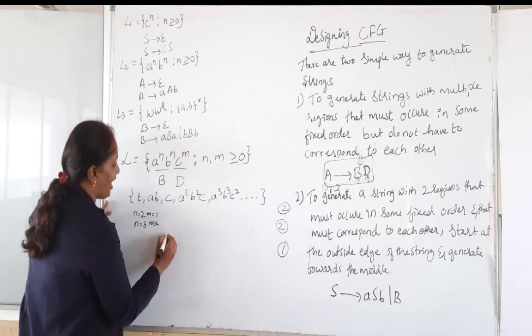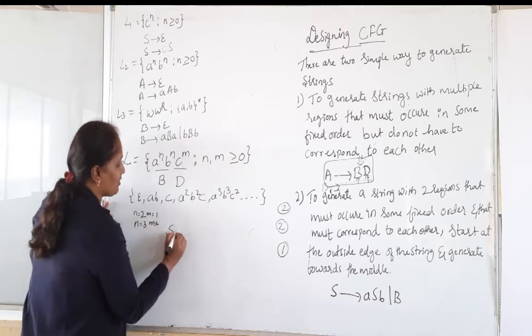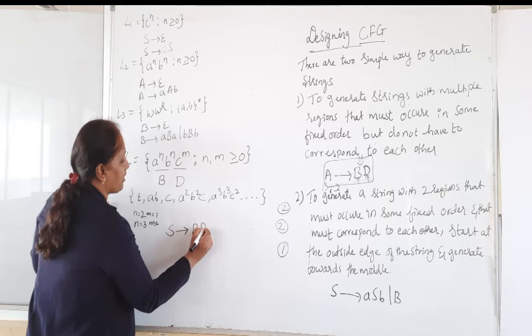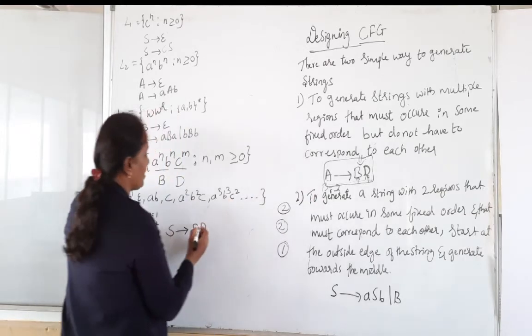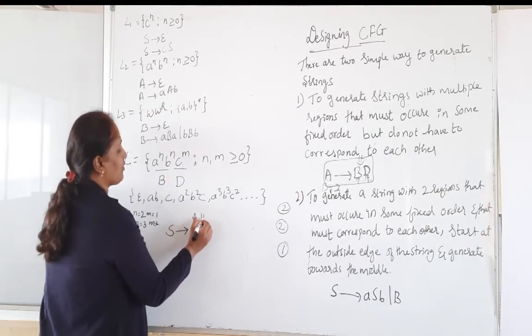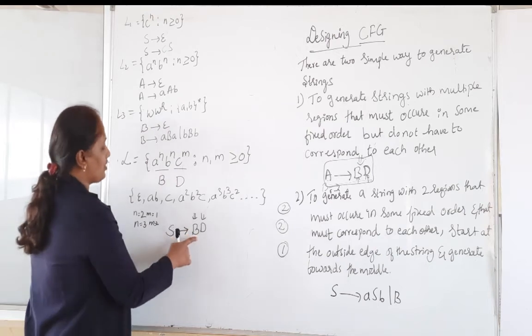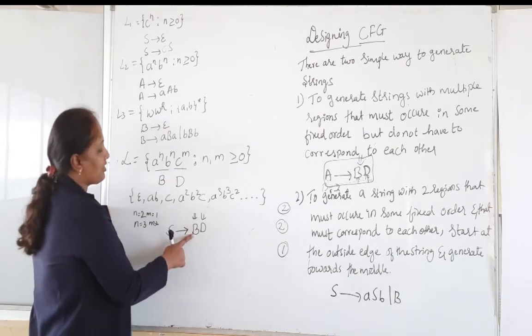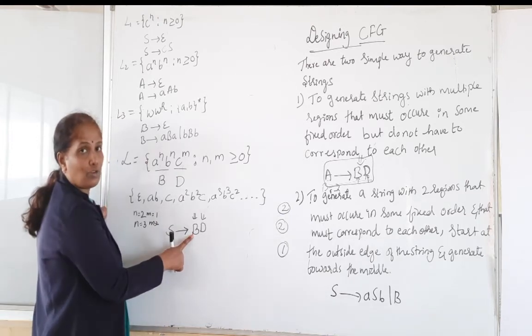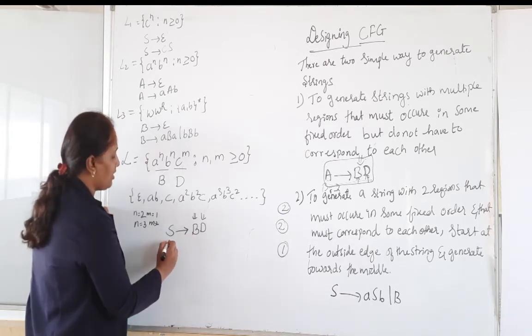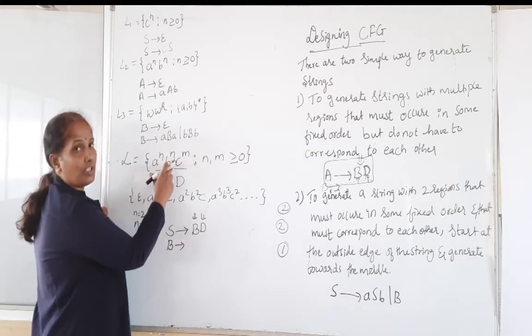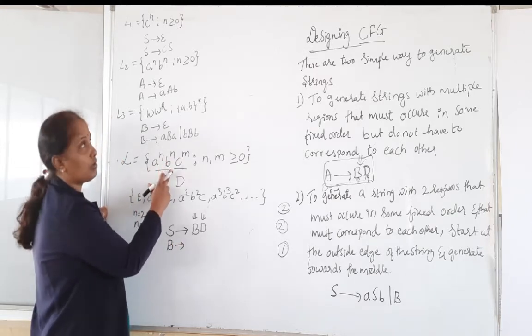Before that I must take a start symbol here. The start symbol derives the two non-terminals according to this, because here I am defining the strings of two regions and those regions are derived by the start symbol. Next I must write the derivation for this B. B will define the strings of a raised to n, b raised to n, where n is greater than or equal to 0.